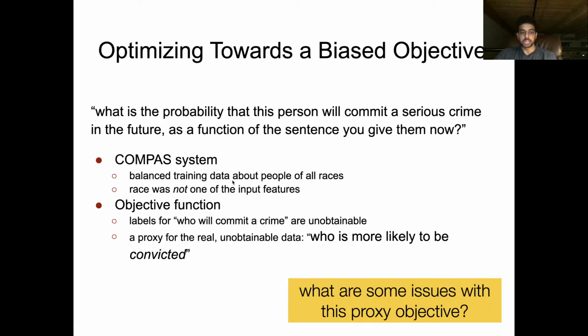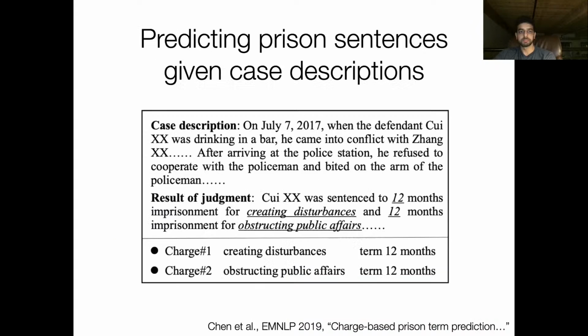Even though they tried to balance their training data with people of all races, and they didn't use race as a particular feature in their classifier, there's a lot of biases in the judicial system regarding conviction rate as a function of race. And so even though they tried to balance their training data, the labels themselves didn't really match the objective that they were trying to aim for. And so this system was deployed, and it got a lot of pushback, and partly because of this.